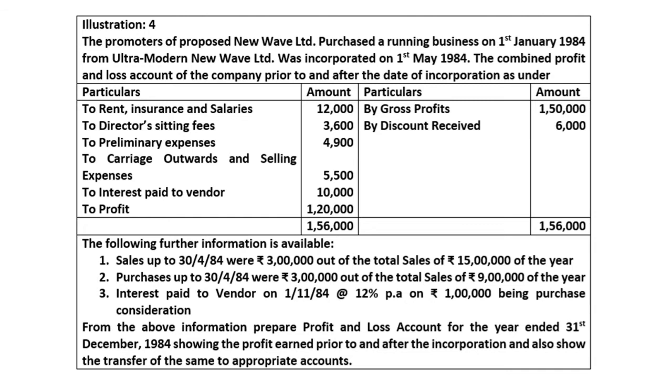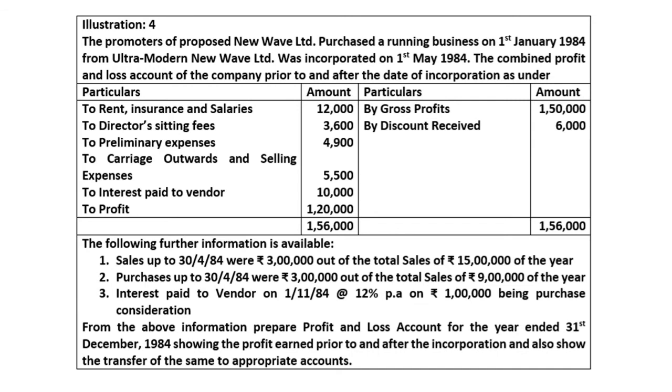So why have we been given purchases? Because we have been given discount received. Discount received will always be on purchases, therefore it will be divided in purchase ratio. Interest paid to vendor up to 1/11/1984 at the rate of 12% per annum on rupees 1 lakh being purchase consideration. So we need to do the accounting treatment of interest, that I will explain when we write that amount.